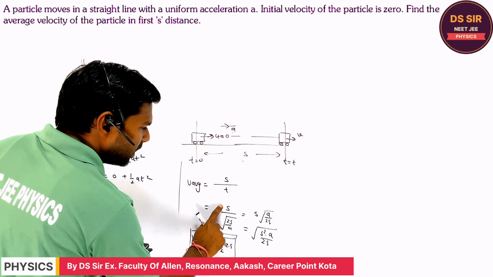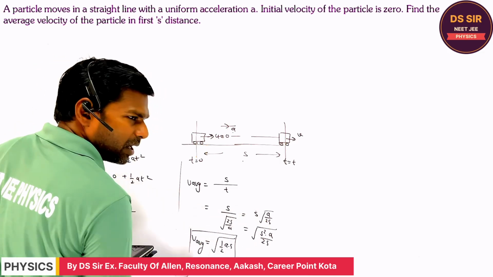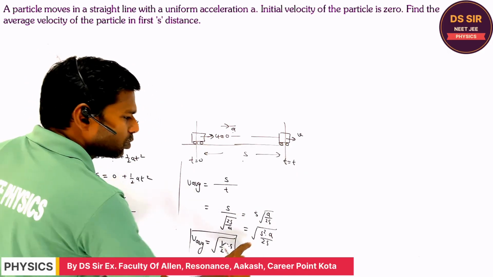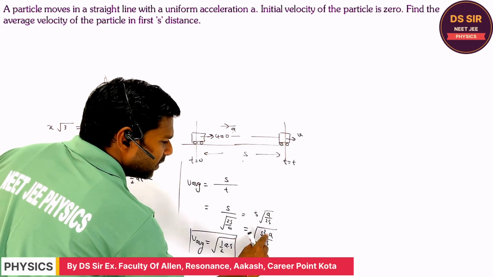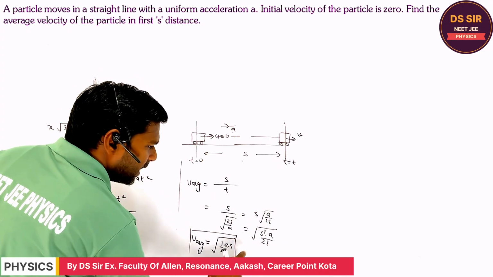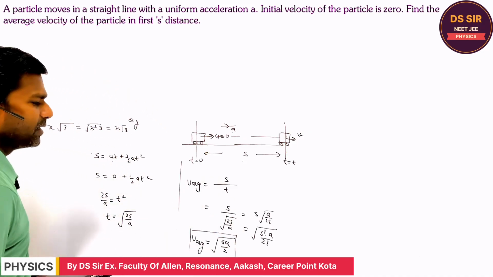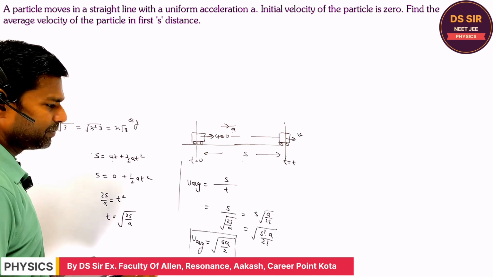So therefore, if it is s, and 2s, this a goes in the numerator. When this s goes inside the square root, it becomes s square. A upon 2s, one s is cancelled out. So sa by 2 under the root is the average velocity. Is it clear or not, you tell?